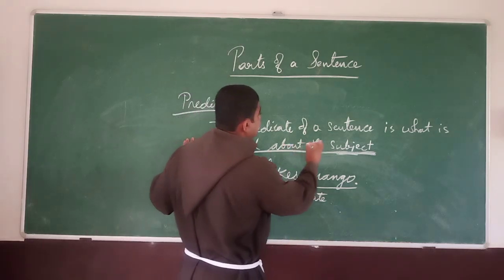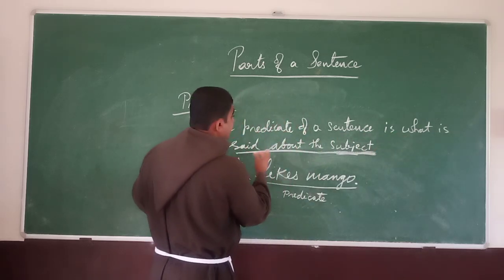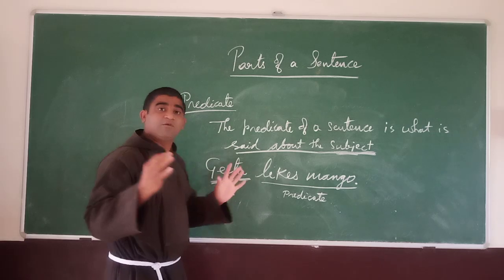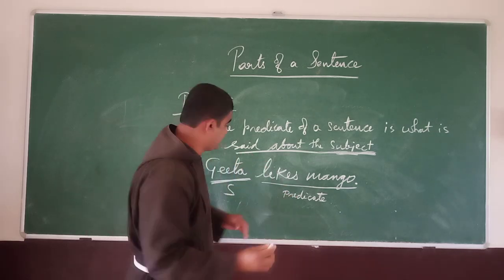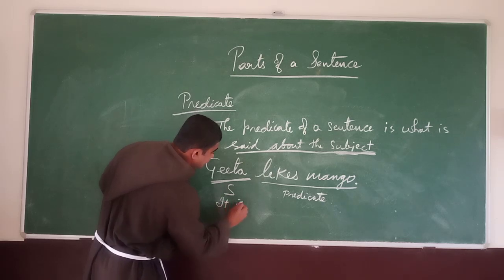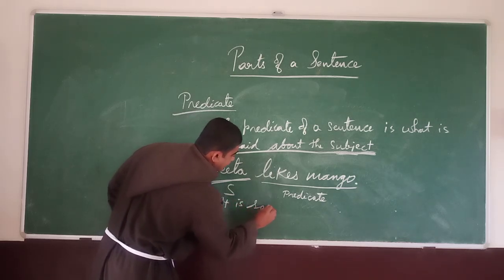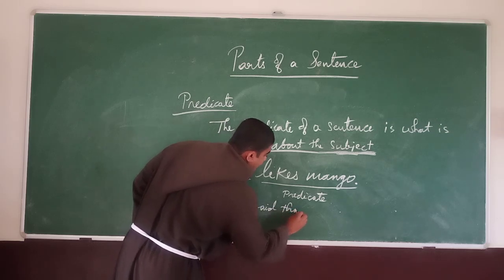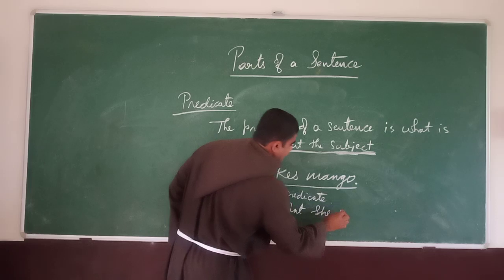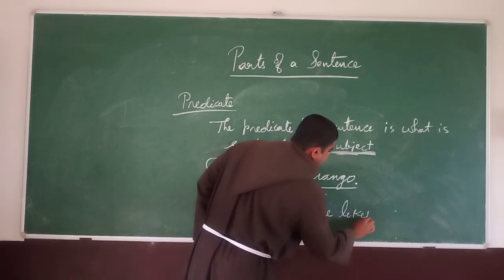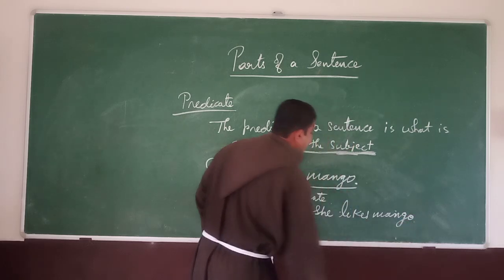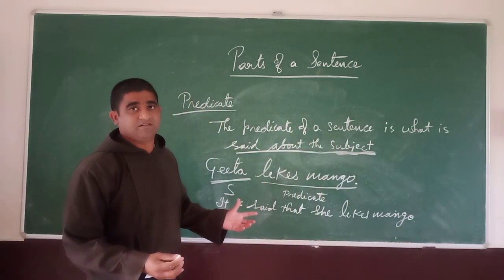The predicate of a sentence is what is said about the subject. What is said about Geeta? Here it is said that she likes mango. That is what is said.